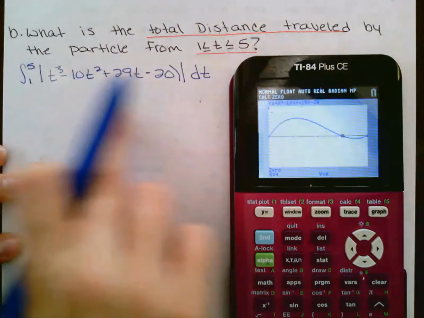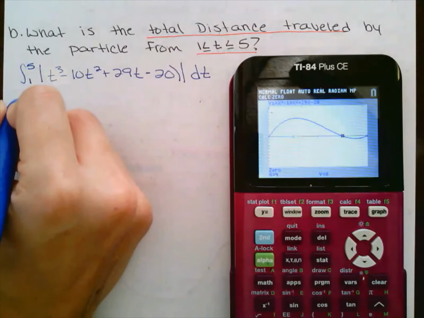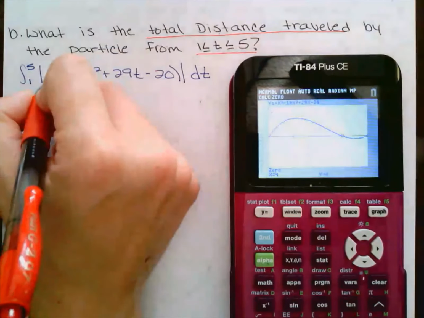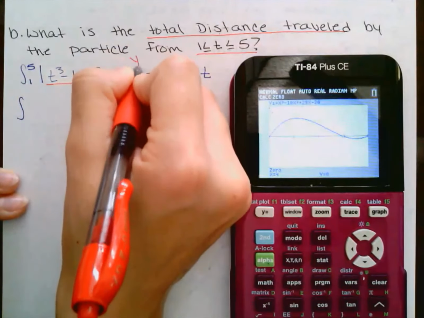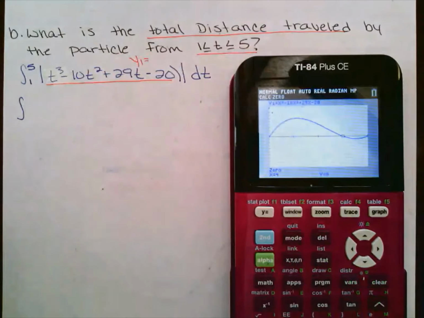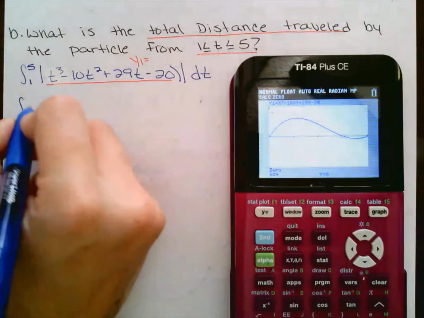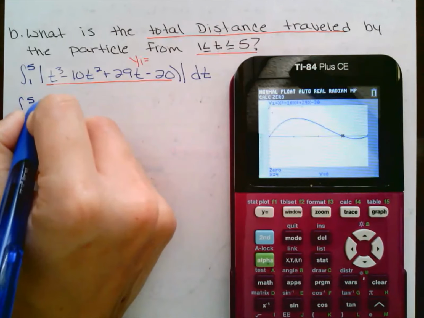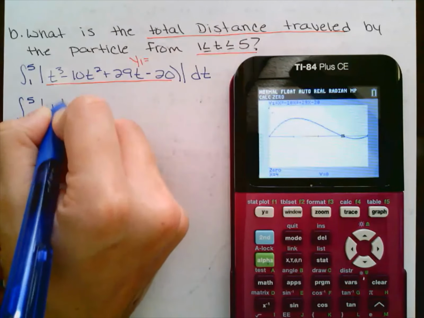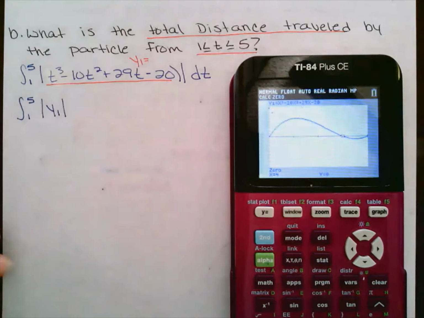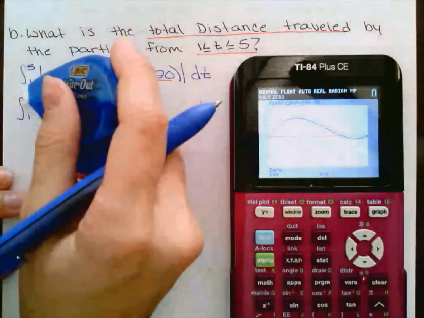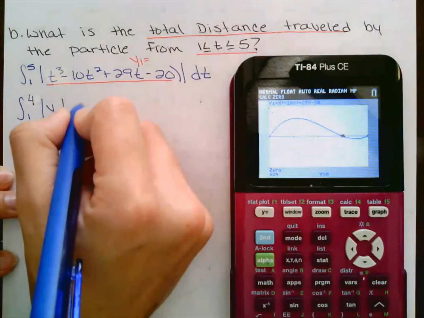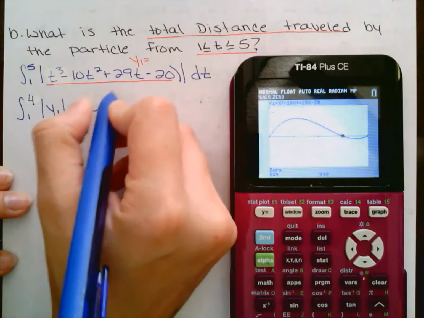So what you're really looking for is to find the integral. Remember, this is already listed as y1. So I'm going to do my integral from 1 to 4 of, let's call it y1, dt.